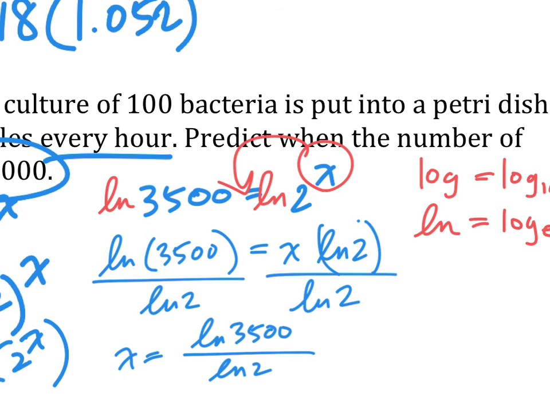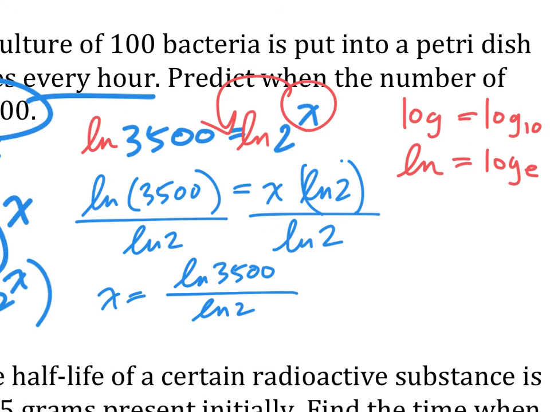Now what you want to do is use your calculator. The natural log button is on the left-hand side of your graphing calculator towards the bottom. When you type this in, you type natural log, and then it automatically creates an open parenthesis. You put 3,500, but remember you have to close parentheses. If you don't, you're going to divide the next number inside the natural log.